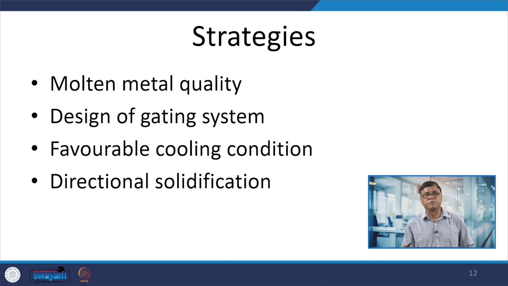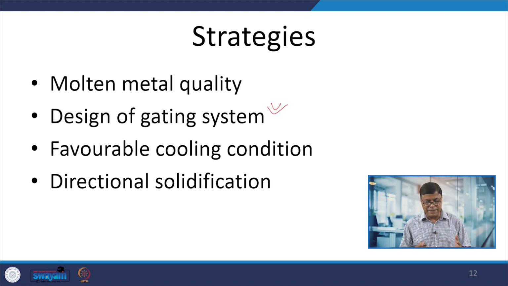and design the gating system in such a way that molten metal can be filled in the mold in the minimum possible time without turbulence, without encouraging the interaction of the molten metal with the gases, with enough permeability and enough runner and in-gate systems to fill the mold cavity smoothly.